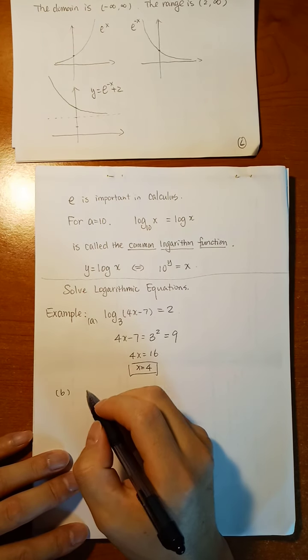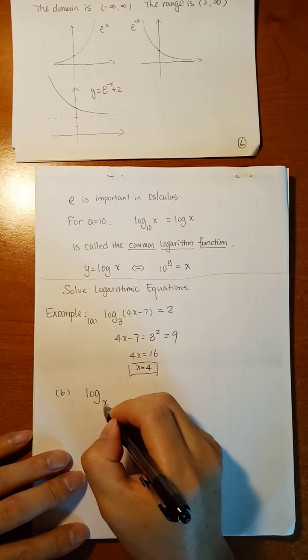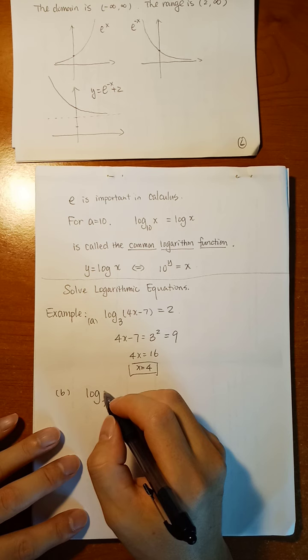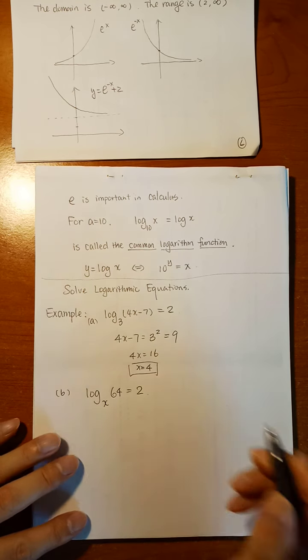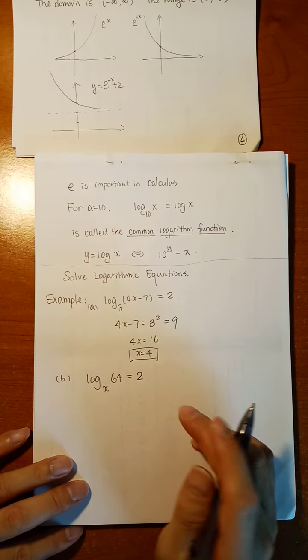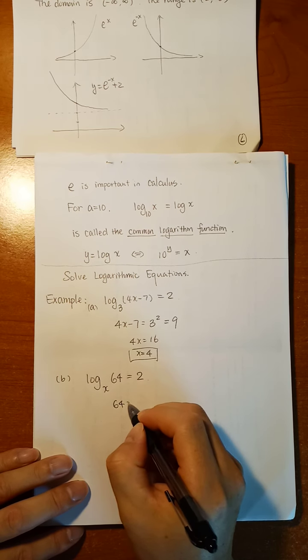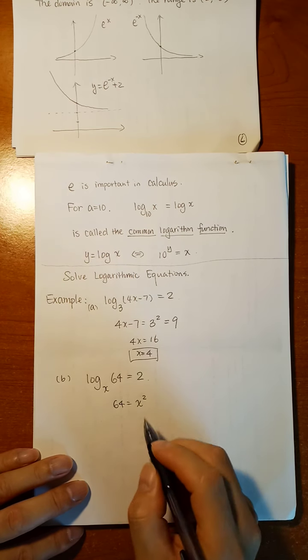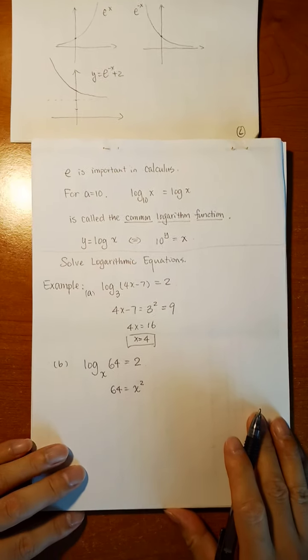And another one: logarithm to the base x of 64 is equal to 2. By the definition, 64 is equal to x squared, x to the second power. 2 is the power.